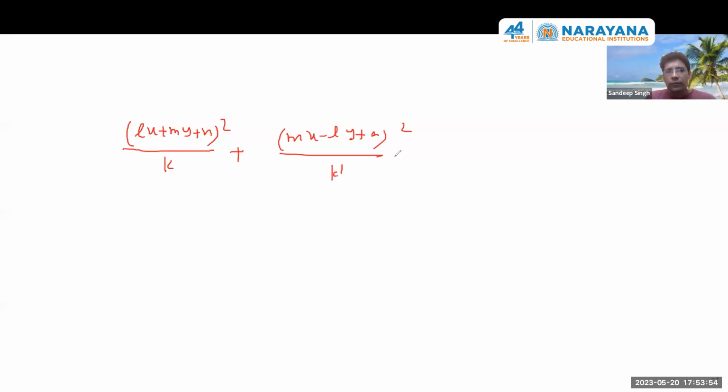For that also, you should represent this in this form, lx plus my plus n whole square, divided by some constant, plus a perpendicular line, mx plus something else, with another constant a. This is a rotated ellipse, right? And then you can compare. Depending on some conditions, these variables may be reduced. Is that clear to all? Yes, sir.